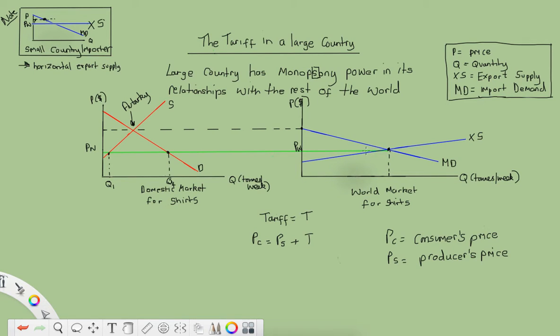So what we can do is we could do this algebraically if we wanted to get a firm number on this. But let's say this is the quantity of exports and imports where the gap between the supplier's price and the consumer's price is exactly equal to the size of the tariff.